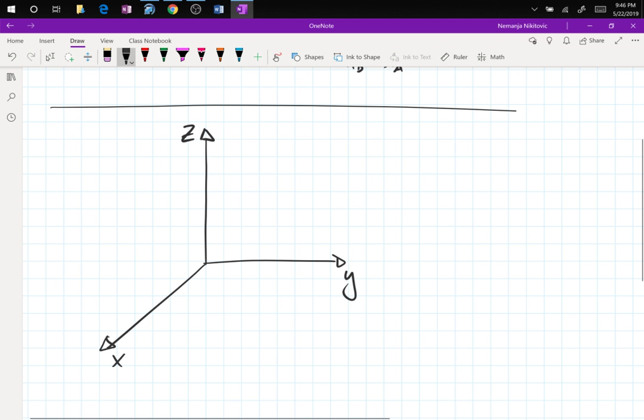I'm going to draw a line, and we'll put 2 points, point P0 and the point P, and then we are going to use vectors to define those points.